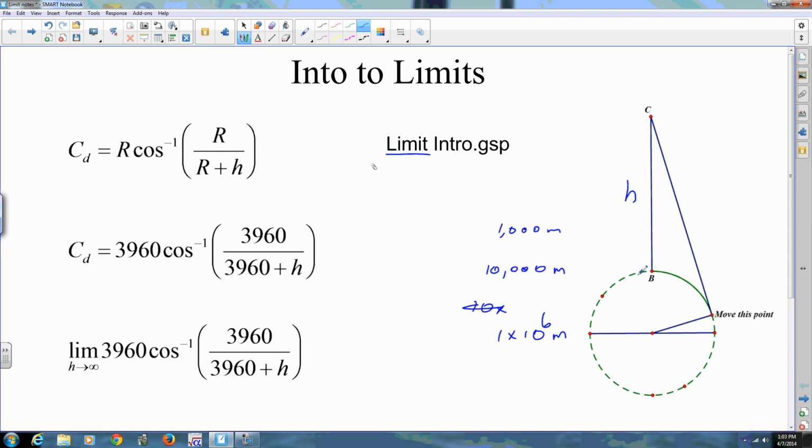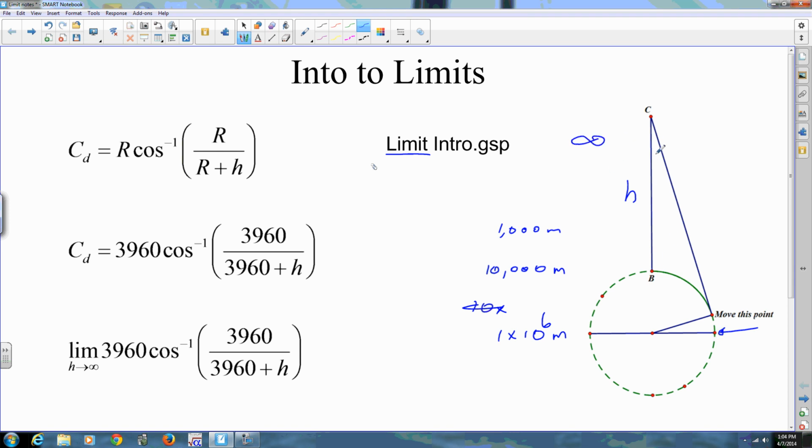What I'm hoping, before we even do the math that's behind it, is that you can start to see that the higher you go, you're only going to see so far on the Earth. You're only going to see up to this point. You're not going to be able to see around the corner. The highest you could go would be infinitely high.